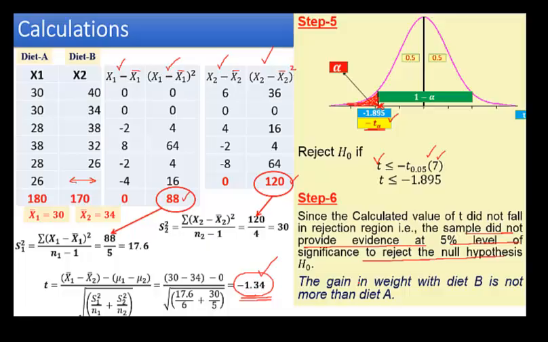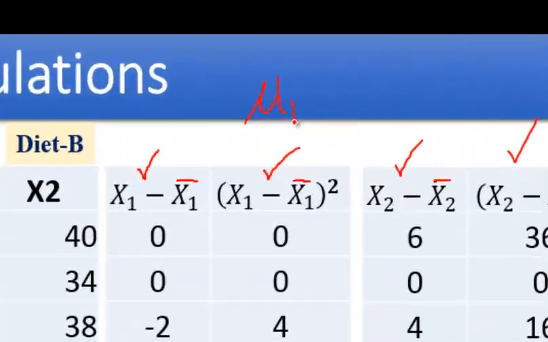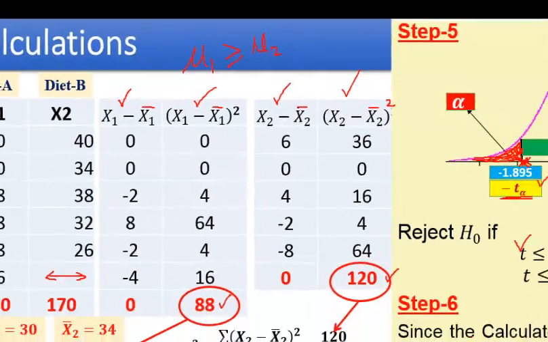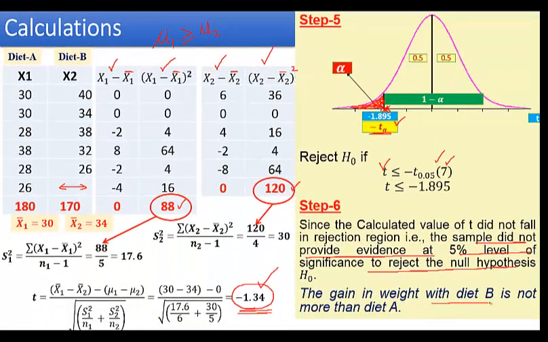In other words, we are unable to reject the null hypothesis based on the information contained in the sample. So what was there in the null hypothesis? The null hypothesis states that mu1 is greater than or equal to mu2. So it means the gain in weight with diet B is not more than with diet A.